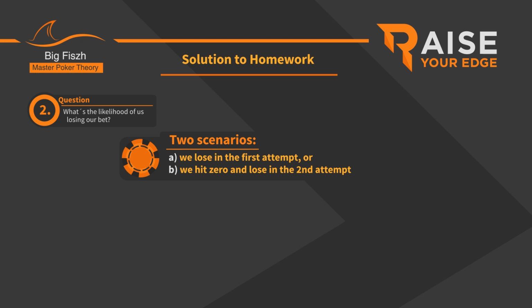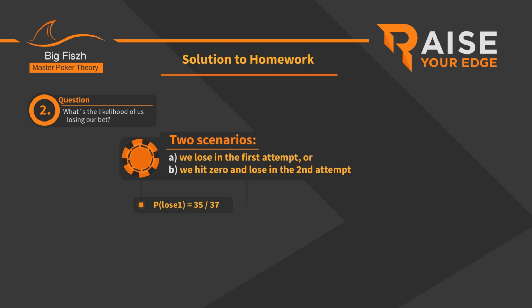The second possible losing scenario is that we hit 0 in the first attempt and then don't hit the 17 in the second run. As soon as we have that structured, we can assign the probabilities. Scenario A happens in 35 out of 37 cases, as there are 35 numbers that are neither 0 nor 17. That means in 35 of 37 cases we lose immediately.